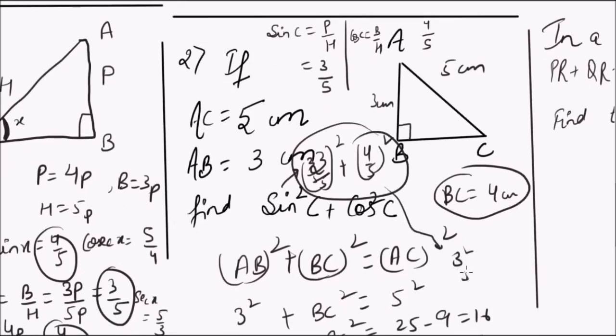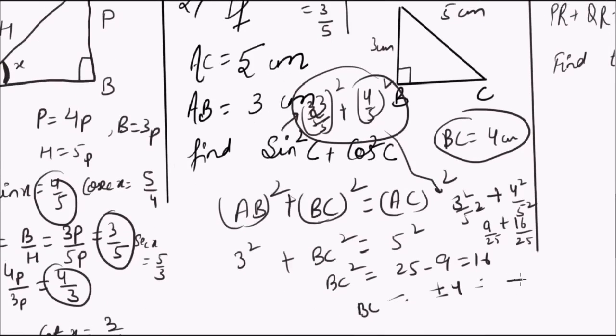3 square over 5 square plus 4 square over 5 square. Now 3 square is 9, 5 square is 25, and 4 square is 16, and 5 square is 25. Thus, taking LCM, we have 9 plus 16, or simply 25 over 25, which is 1.